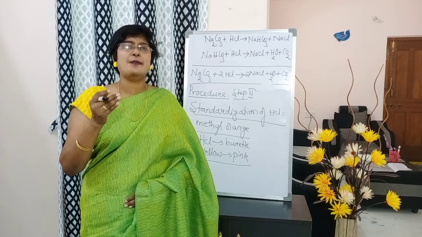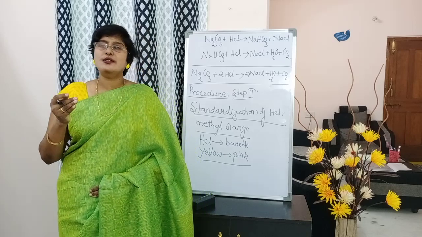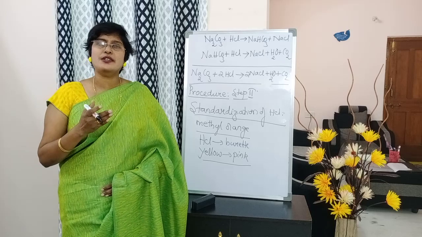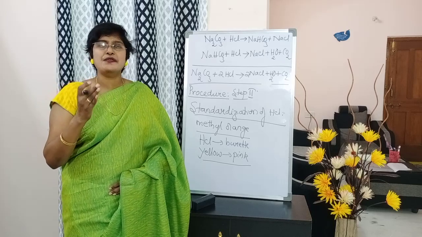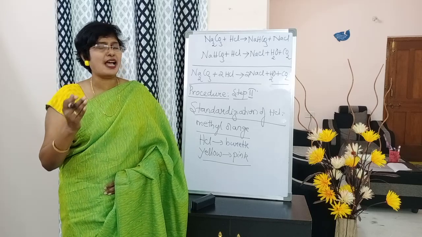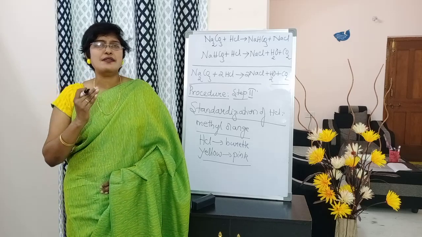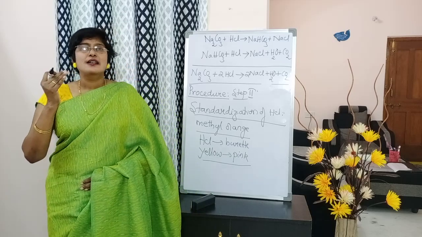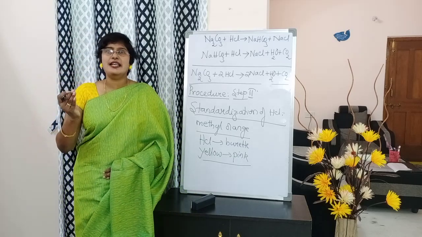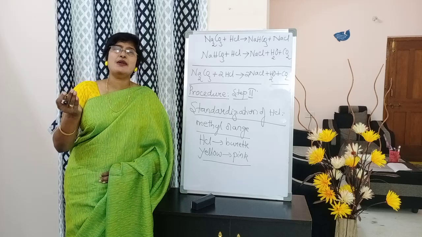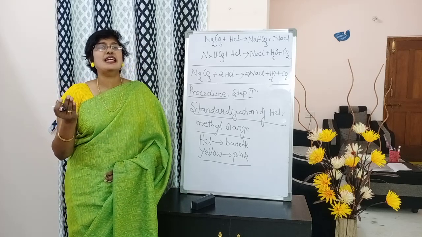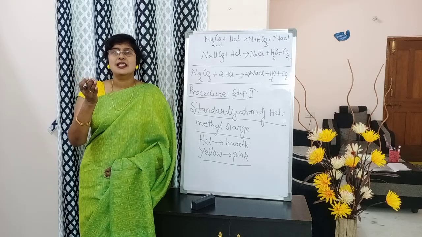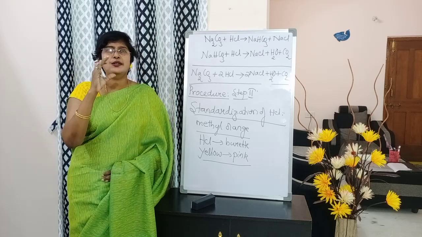So what is to be done, students? First step, we have prepared standard Na2CO3 solution in the 250 ml volumetric flask. Second step, how are we standardizing HCl solution? Taking 20 ml of standard Na2CO3 using a pipette. The solution from the volumetric flask, you will take some into a beaker.